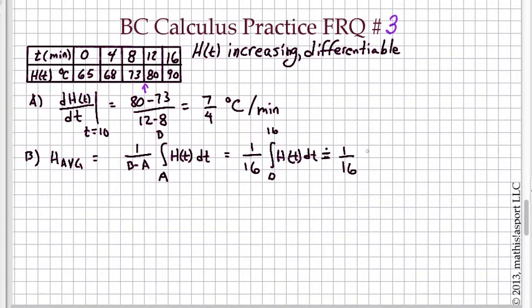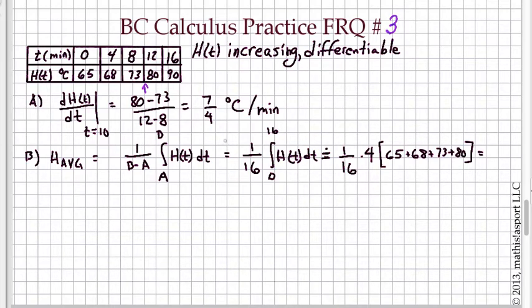We can pull the width of each of the Riemann rectangles out of our sum because the widths in this particular case are all the same. We just add 65 plus 68 plus 73 plus 80.